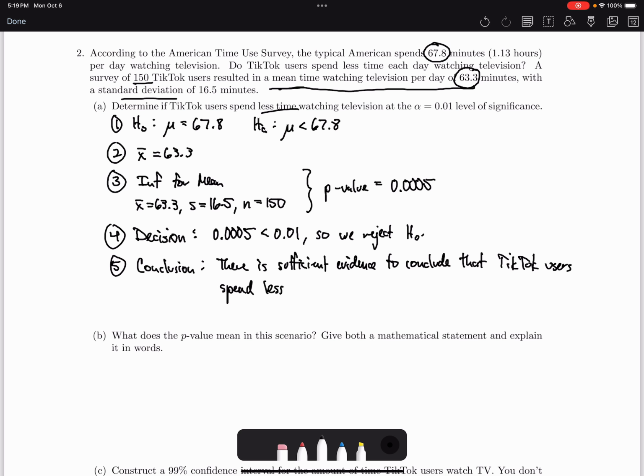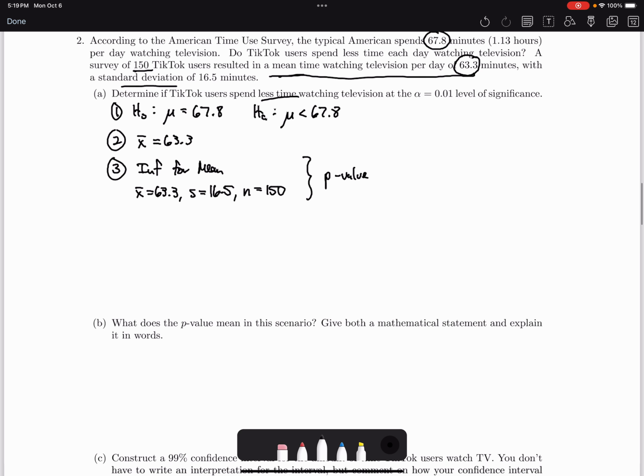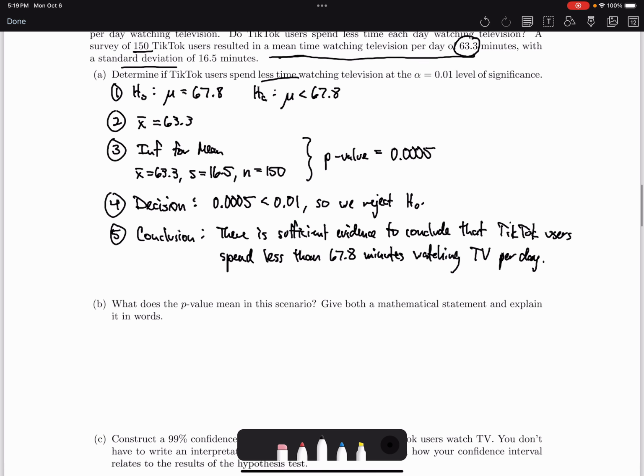We'll just say that they spend less than 67.8 minutes watching TV per day. Okay. So that's the result of the hypothesis test.